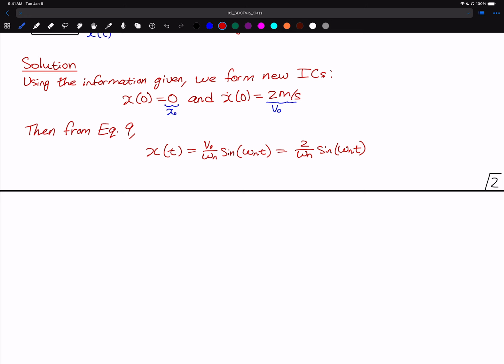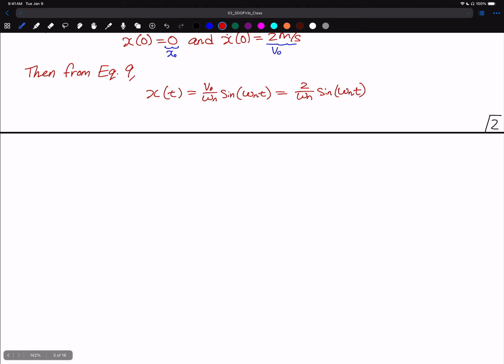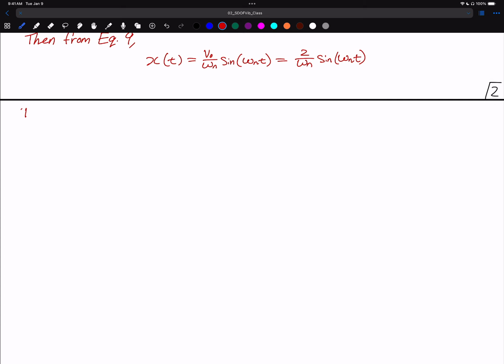Let's start with the natural frequency. Or in fact, let's go and compute the acceleration symbolically, and then we will deal with the natural frequency, and then we will deal with how we find the maximum acceleration. So let's start by computing the velocity. x dot of t will be equal to, I said we'll do this symbolically, so we take the derivative of sine of omega n t, pull down the omega n, lose the omega n in the denominator, and we get v0 times the cosine of omega n t.